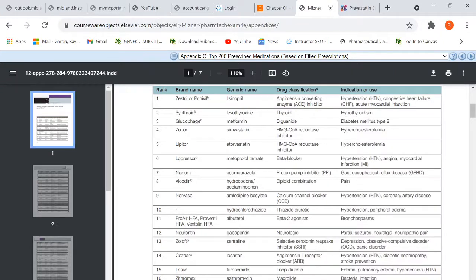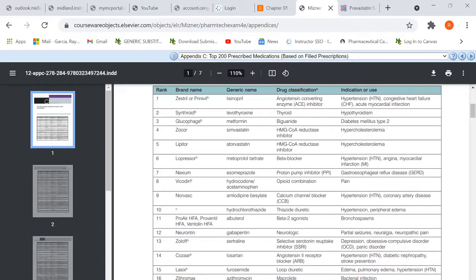It's a beta blocker for hypertension, HTN, angina, and myocardial infarction. I'm going to put the abbreviations there so you can become familiar with them.